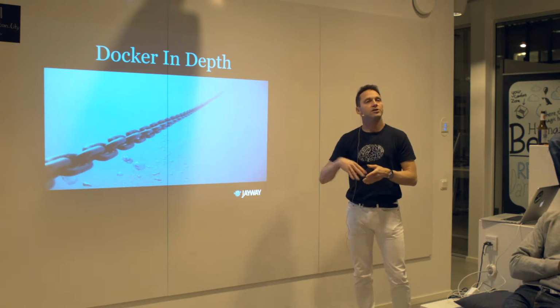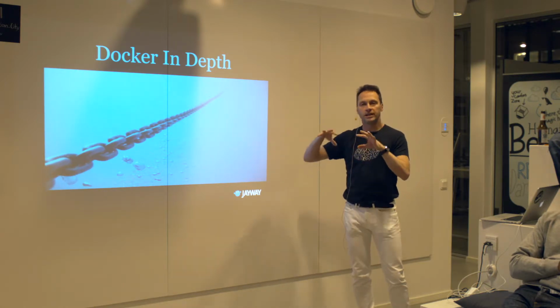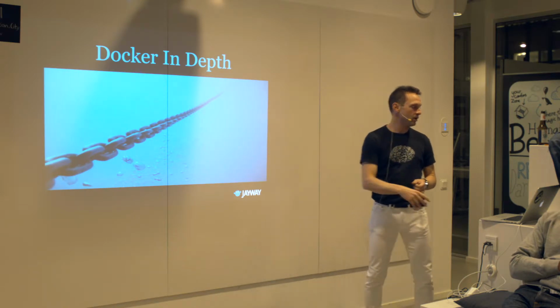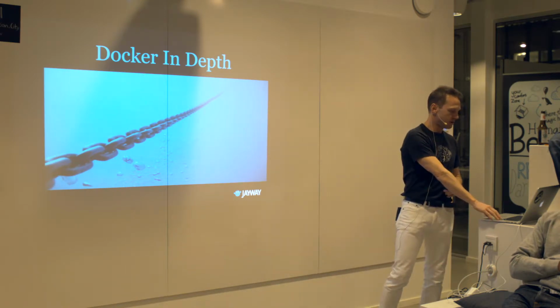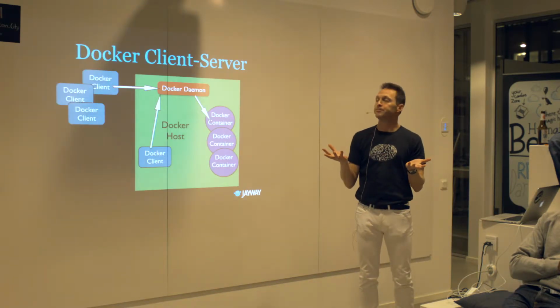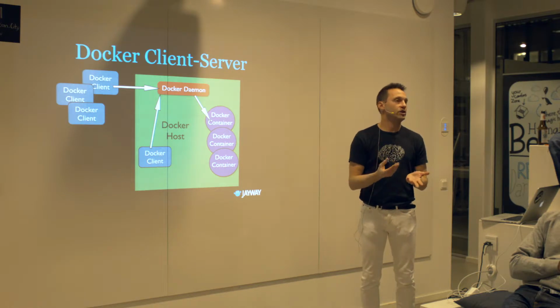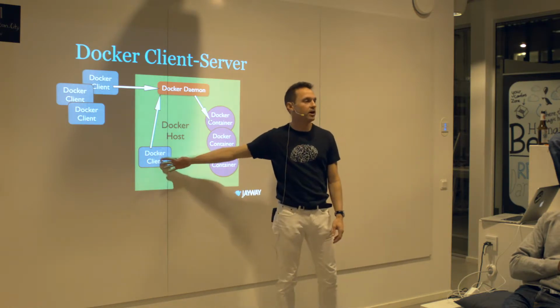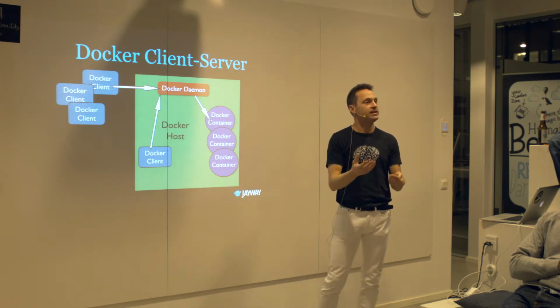Now I'm going to start to deep dive. First I'll go a little bit on an overview, and then after that I'll go into a bit more depth into the commands. So how does it work? It's a client-server system. So you have a Docker client. If it's running on the host, it's probably something like the CLI.